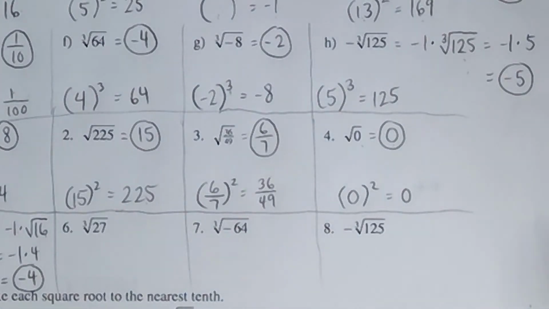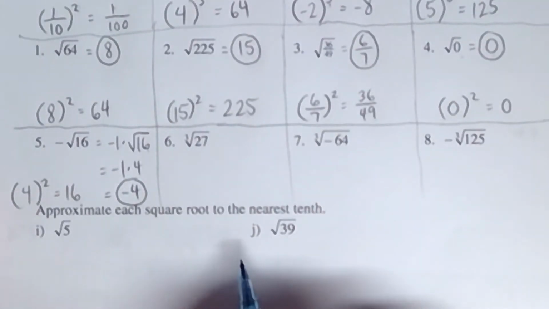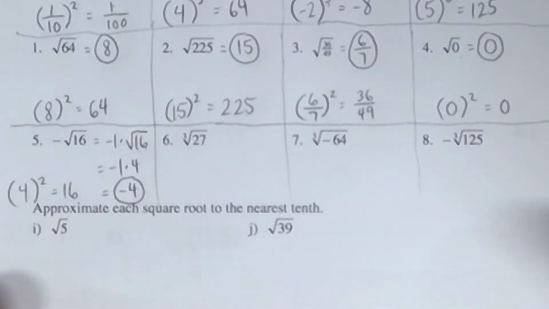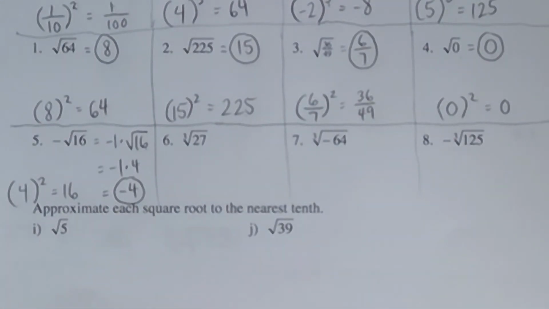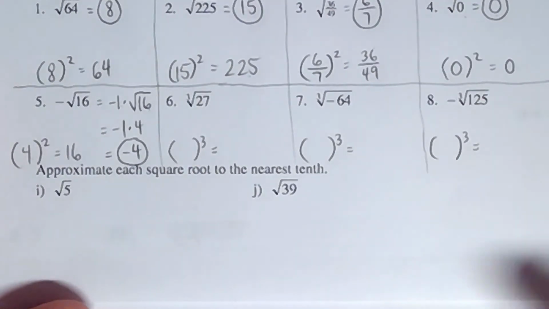We'll take a look at some calculator problems, I and J down here, after we finish up 6, 7, and 8. So hit the play button after you're done with those 3 problems, and we'll take a look at our calculators. Okay, so let's take a look at 6, 7, and 8.